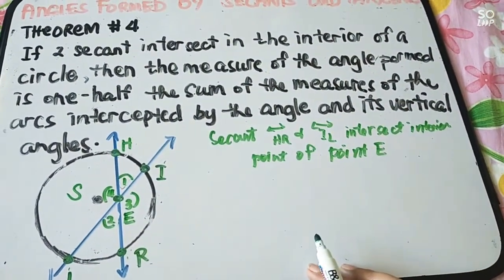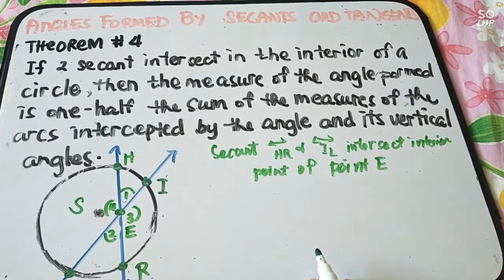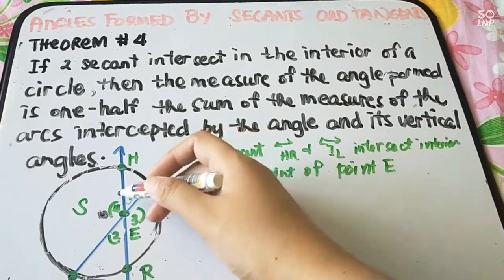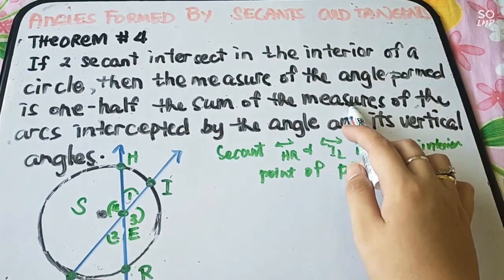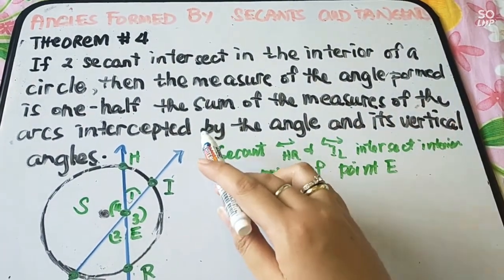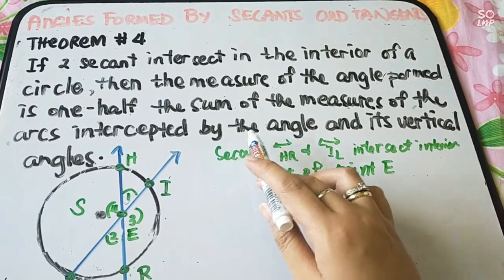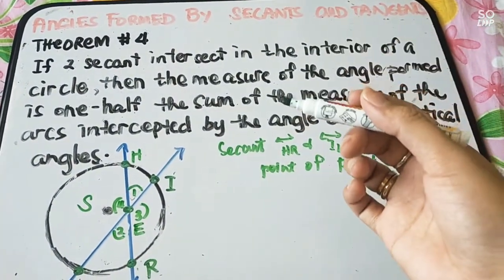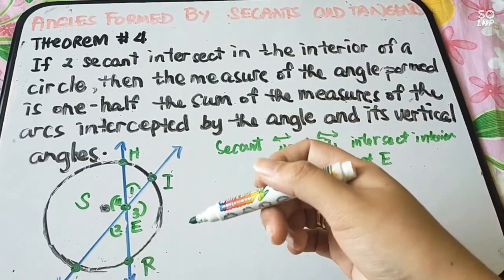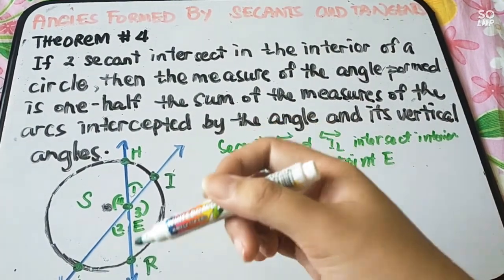It says that the angle formed is 1/2 the sum of the measures of the arcs intercepted by the angle and its vertical angles. When you say vertical angles, if they are vertical, they are equal.